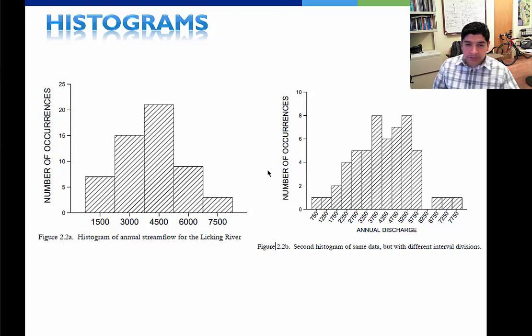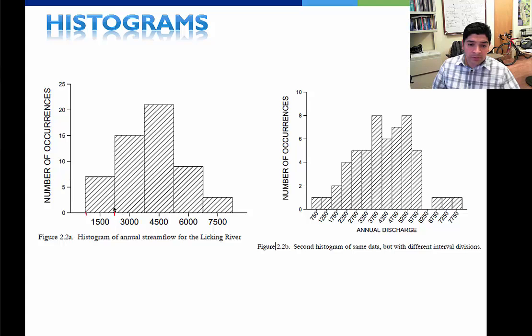range is more robust compared to the standard deviation. Okay, and then histograms. Basically we have a bunch of data. Histograms just tell you what is the frequency. In this case, for this range, this is annual stream flow from, let's say, 750 to 1750.